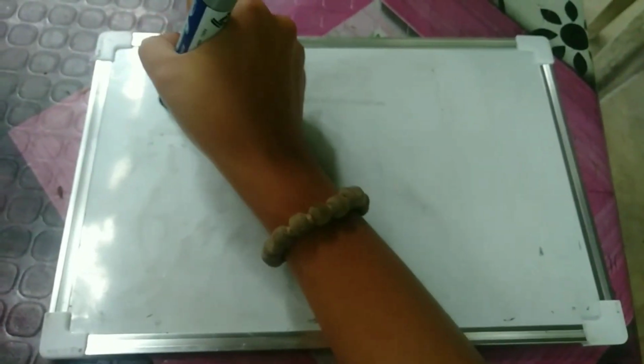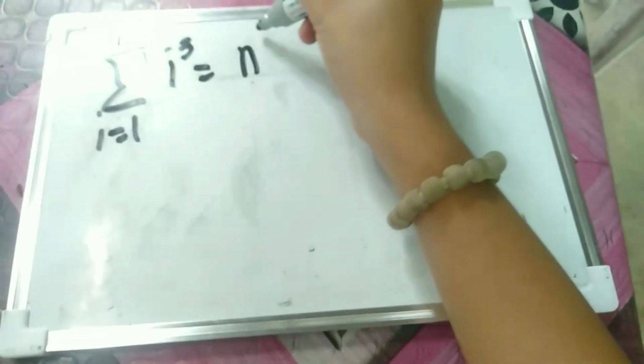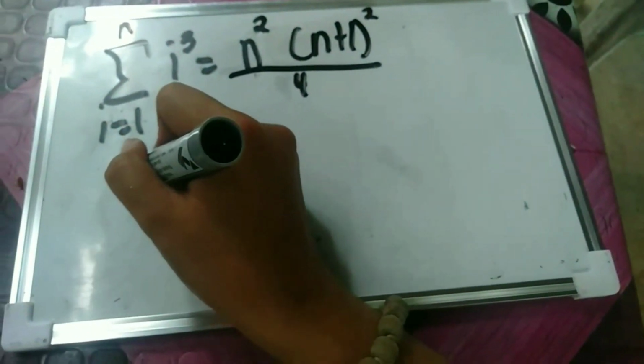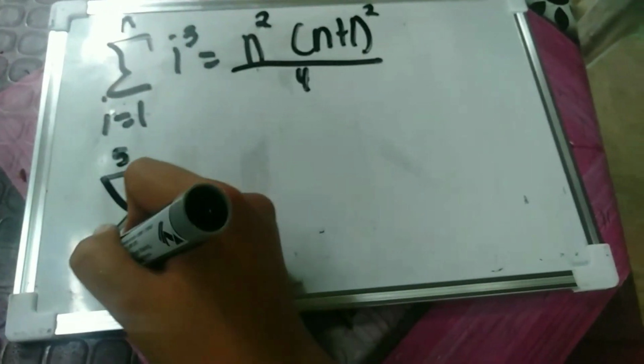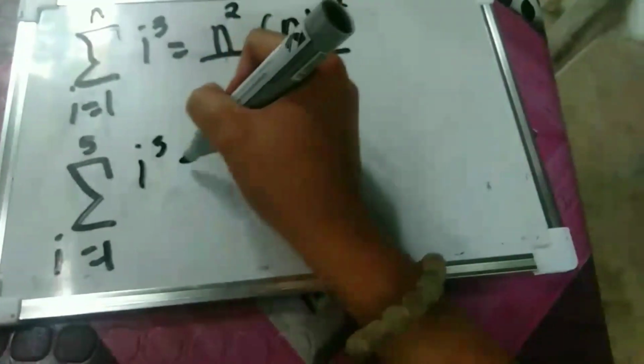So let's try with the formula. The formula is summation from i equals 1 to n of i raised to 3 equals n raised to 2 times n plus 1 raised to 2, divided by 4. Ating given ay n is 5.